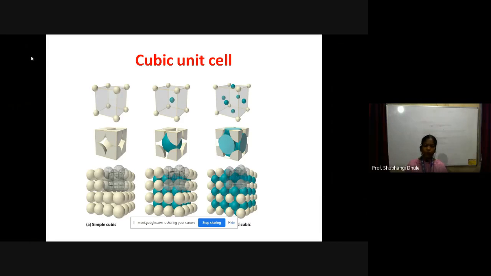So this 1/8 part of the constituent particle is inside the single unit cell, that we have learned.